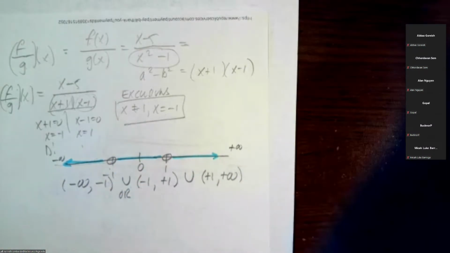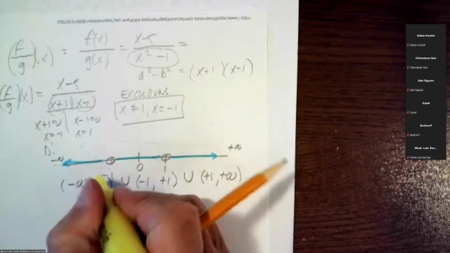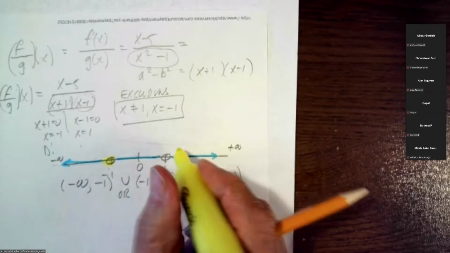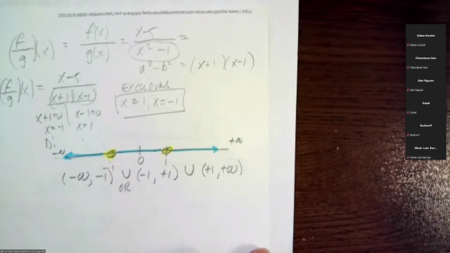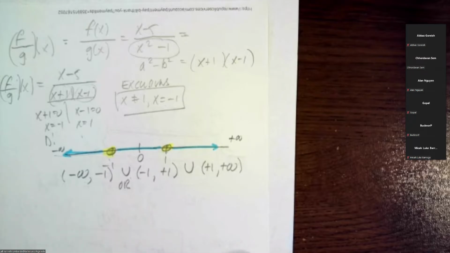But we can't have values at here and here, can we? Does that make sense to everybody, what we're doing there? Questions on that at all? Okay. I'll take that as a no.